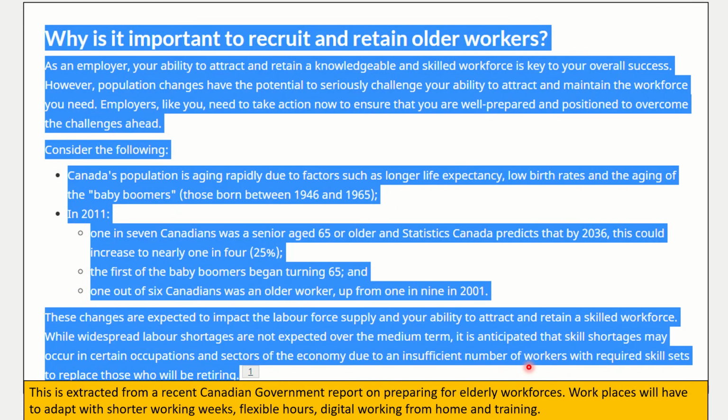This is an interesting extract I found in a very recent Canadian government report talking about these issues. Pause the video and read it for yourself. Focus on these middle bullet points if you want to speed up your revision. I mentioned that workplaces are going to have to adapt to meet the needs of older workforces with things like shorter working weeks or flexible working hours, or providing means by which we can do our work from home.